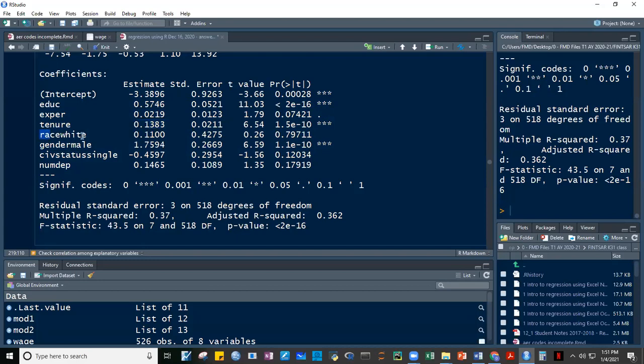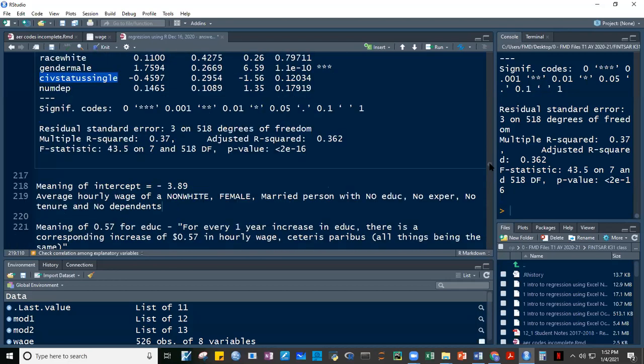What does it mean when this is 0? When this is 0, the race white is 0, meaning non-white. When this is 0, meaning female. When this is 0, meaning married. That's why I'm saying here, the intercept, negative 3.89, is the hourly wage of a non-white female married person.